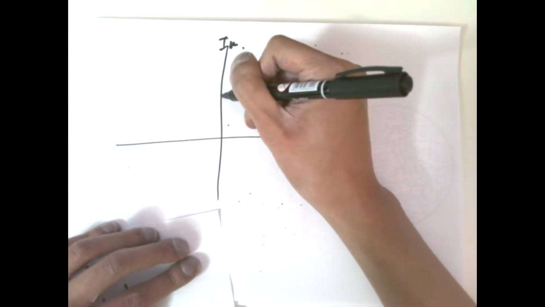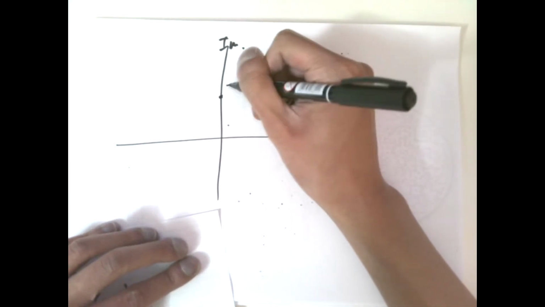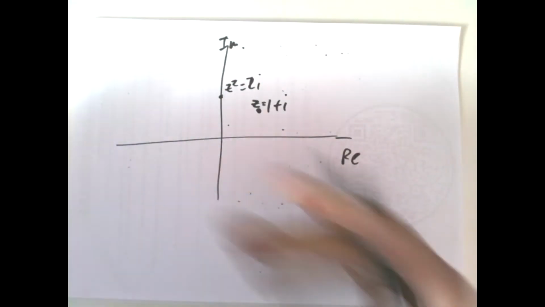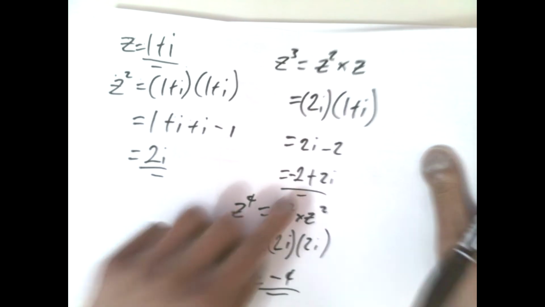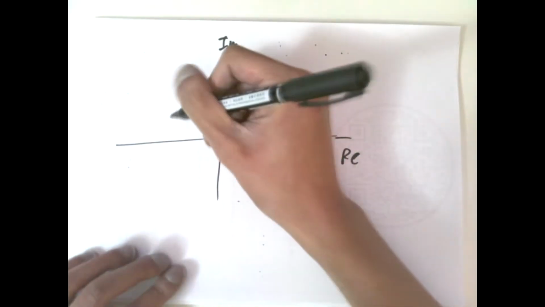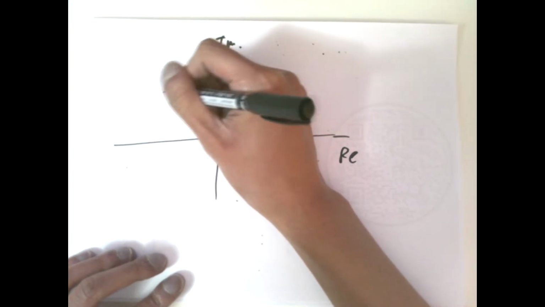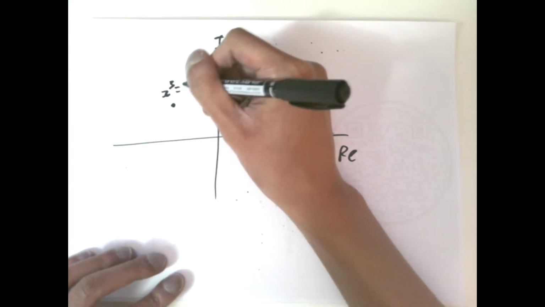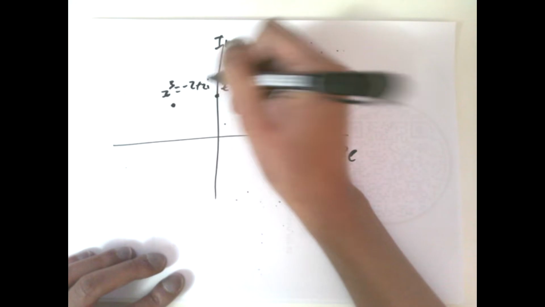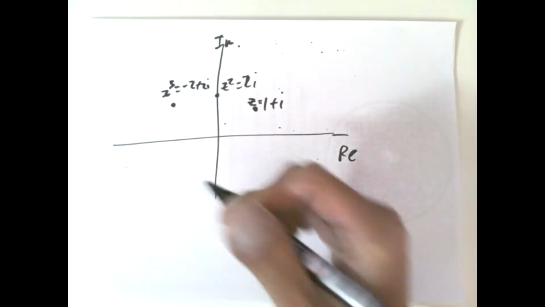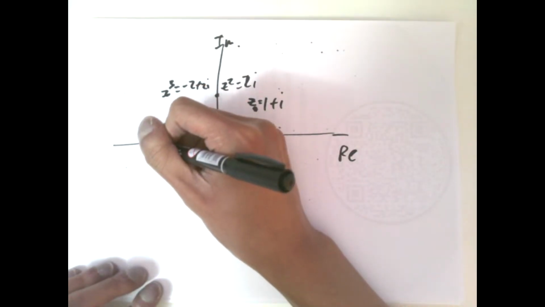Somewhere here. z cubed, which is minus 2 plus 2i, is somewhere here. And z to the power of 4, which is just minus 4, is somewhere here.